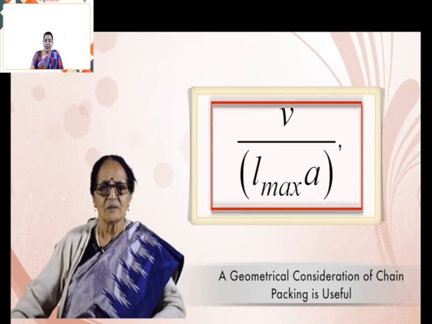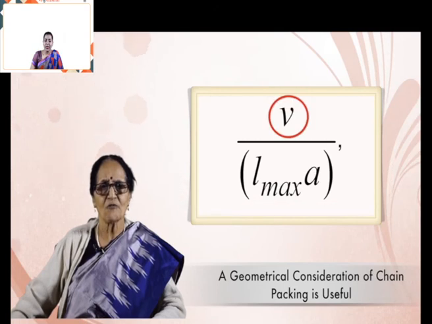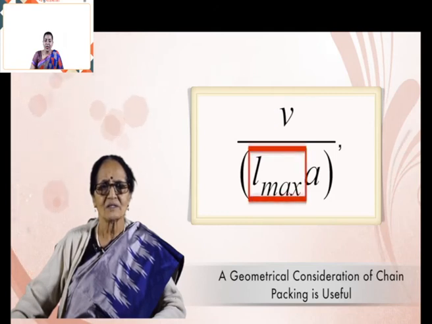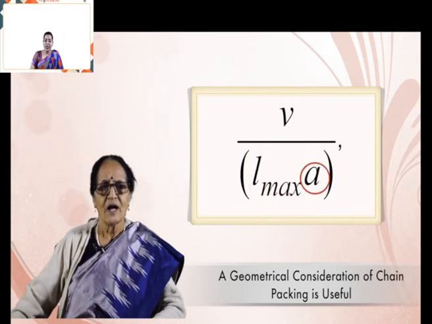Accordingly, the parameter V upon l max a can determine the shape of the micelle, where V is the volume of the hydrophobic group in the micellar core, l max the length of the hydrophobic group in the core, and a the cross-sectional area occupied by the hydrophilic group at the micelle solution interface.